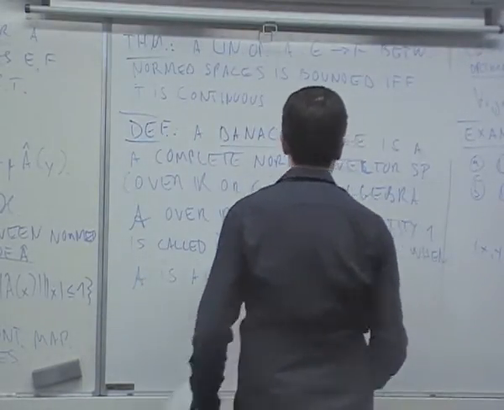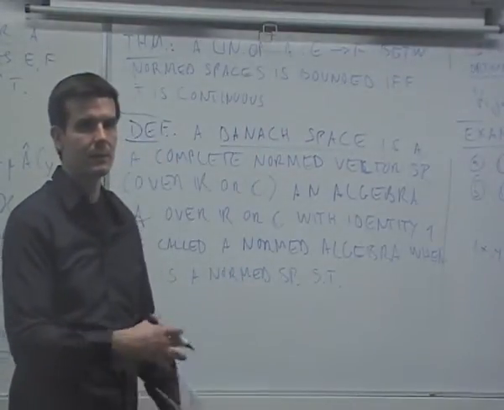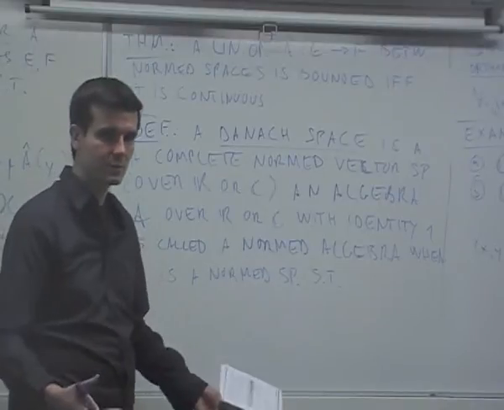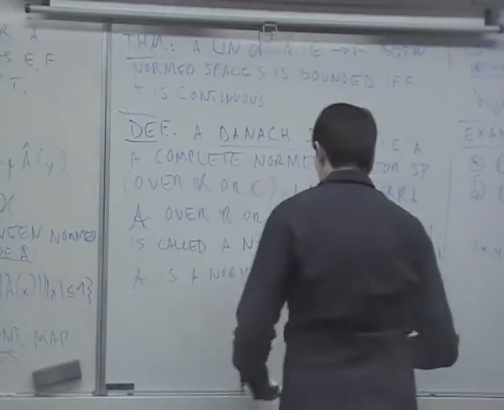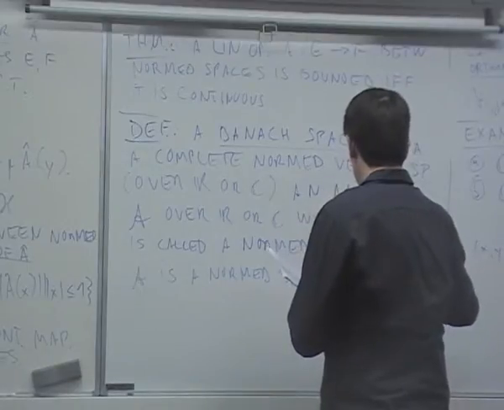such that, well, what do we have additionally in an algebra, which we don't have in a space? We can multiply, so the multiplication should behave well with respect to the norm. So we require the following.